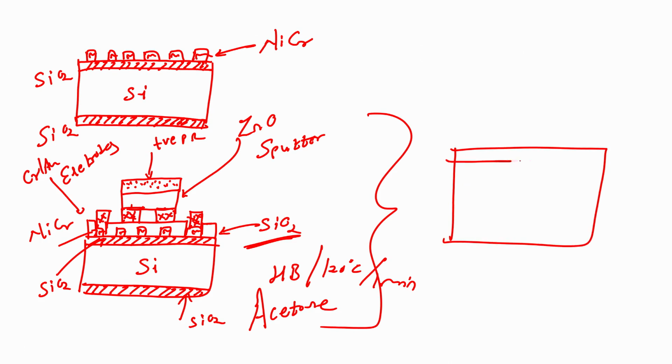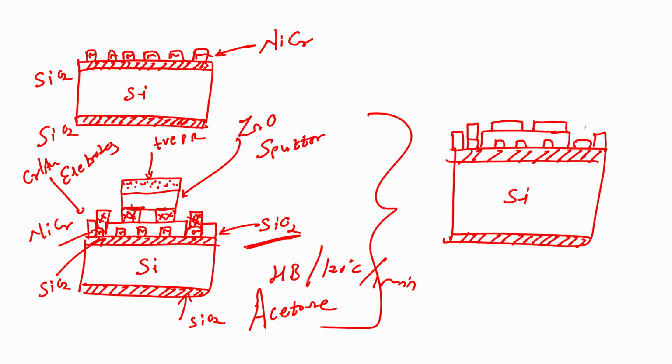I will have my silicon oxide, that is oxidized silicon wafer, on which I will have my heater, then I have insulating material, right, on which I will have my electrodes, right, and my heater, right.